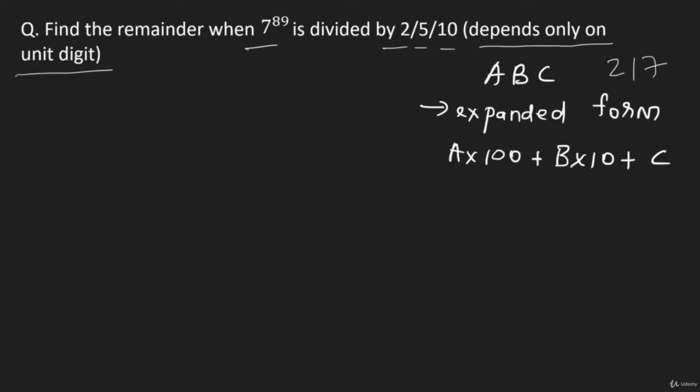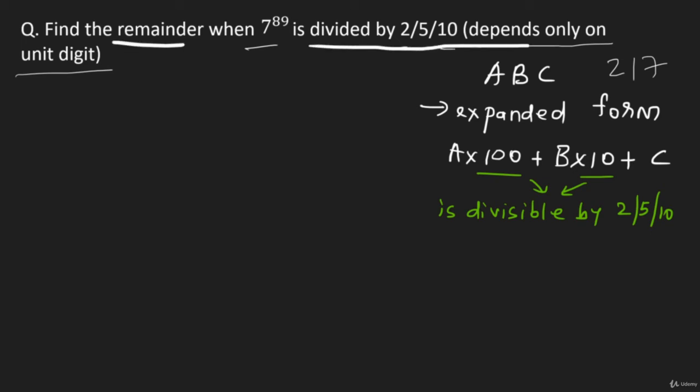Now you can see that in this case 100 and 10 are divisible by 2 or 5 or 10, right? 100 is perfectly divisible by 2, 5 and 10, and 10 is also divisible by 2, 5 and 10. So when you do a division by 2, 5 and 10, that's why we say that the remainder will depend only on the unit digit.